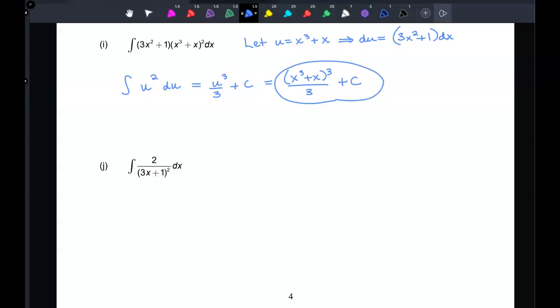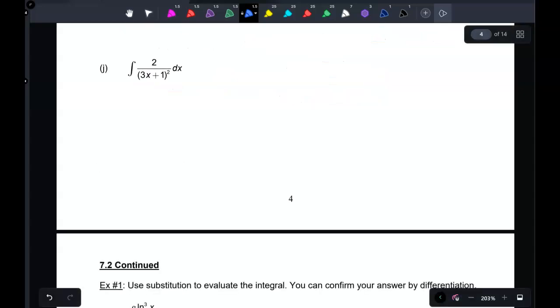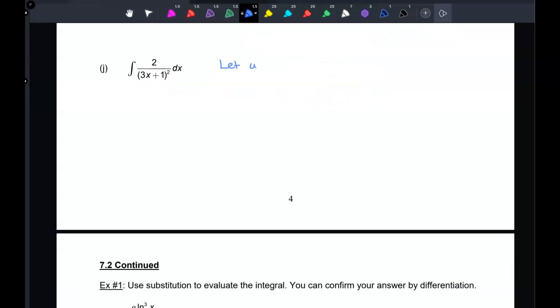Okay, hold on. What did you make u equal to? 3x. So du is 3 dx. So I'm going to multiply by 1/3. Wait, why not 1/2? Okay, so I'm going to take this 2 and also move that to the front just so I don't have to deal with it.